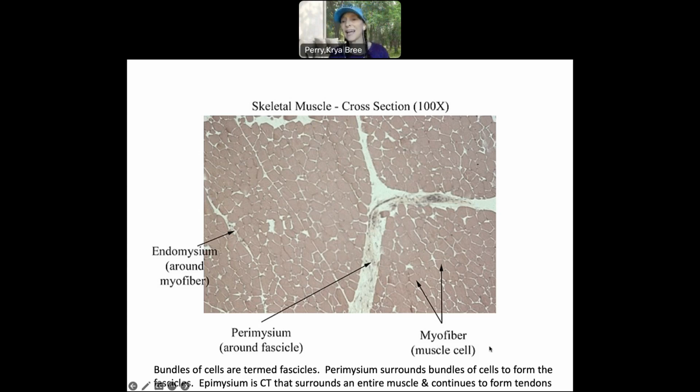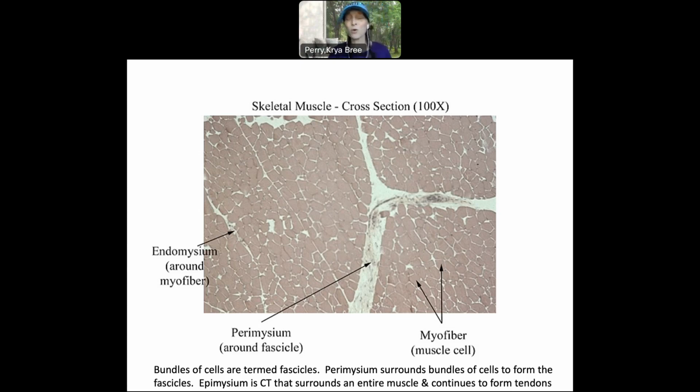Whichever of those you want to use on the practical, to be honest, I will give you either, as long as you know that each of these is an individual muscle cell, or myofiber. So again, these myofibers, not myofibril, because those are the little filaments inside the muscle cell, but myofiber.